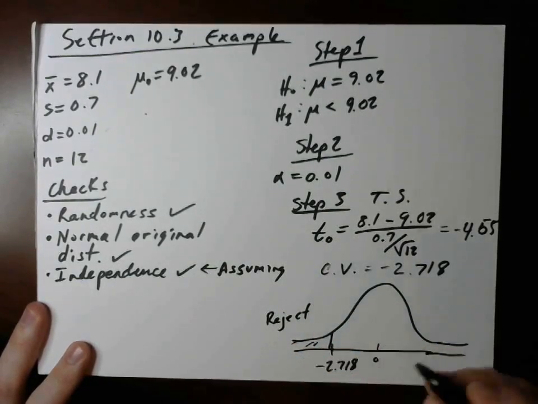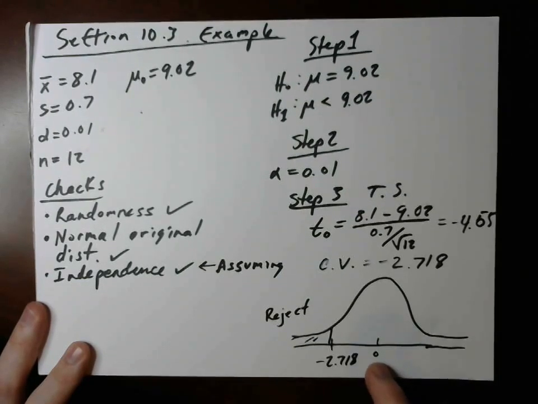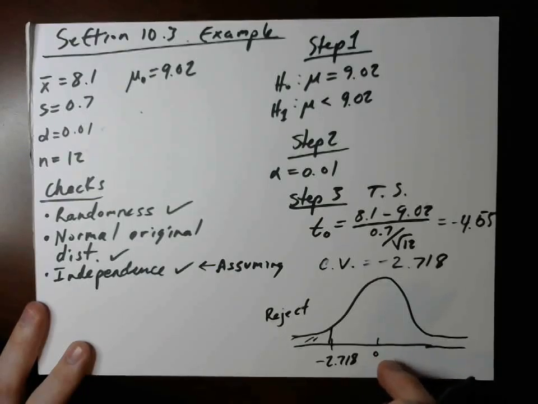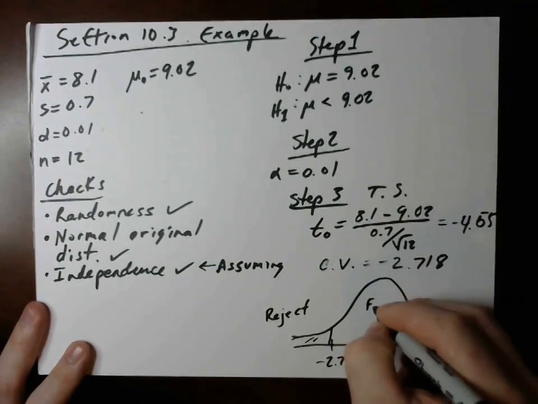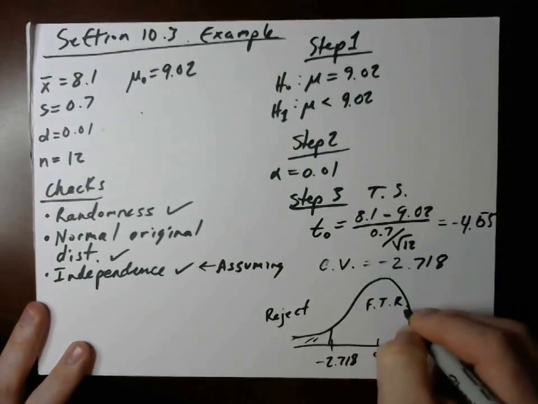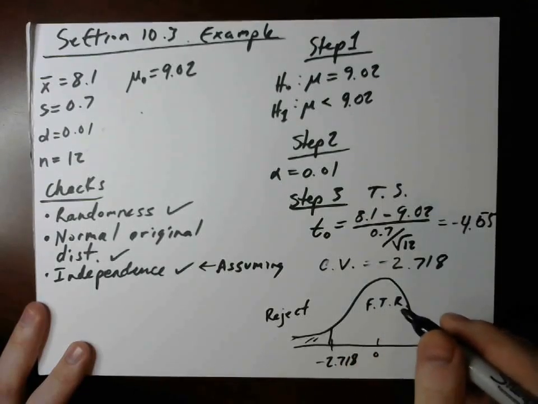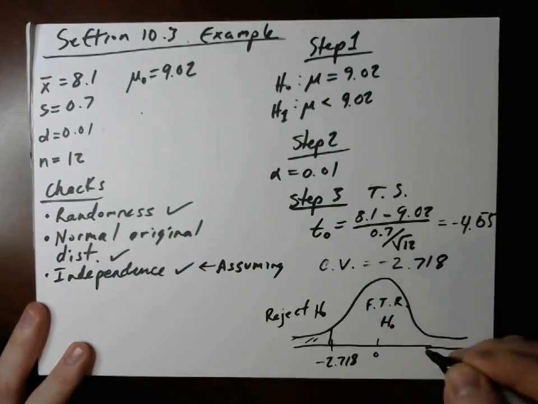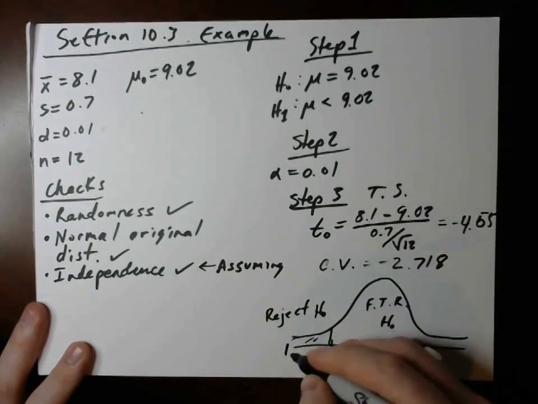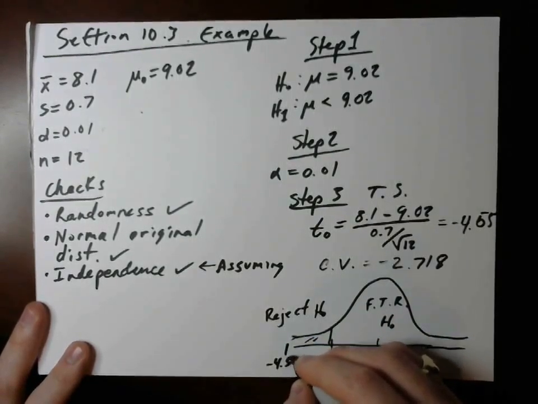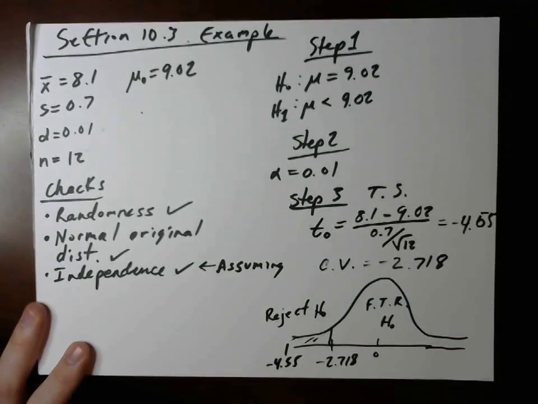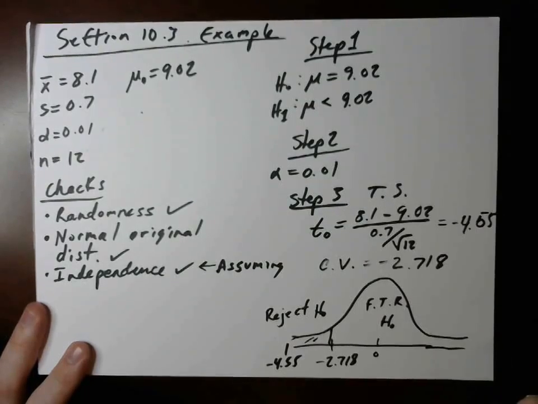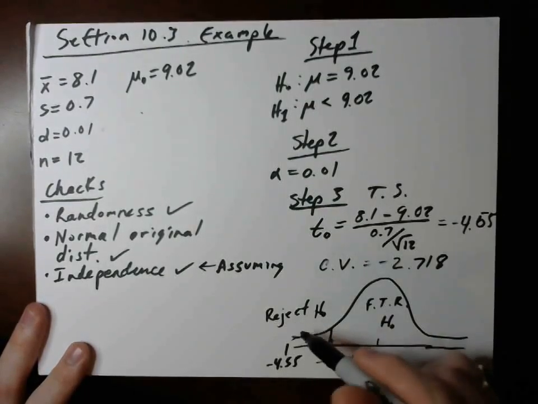Reject is on the tail, significantly far away from 0. In the middle is close to 0. That would be in the fail to reject region, at the FTR, fail to reject region. Okay? Reject H naught, fail to reject H naught. In this case, negative 4.55 is out here, further away from 0. So our test statistic is in the critical region. Okay? So we're rejecting H naught.